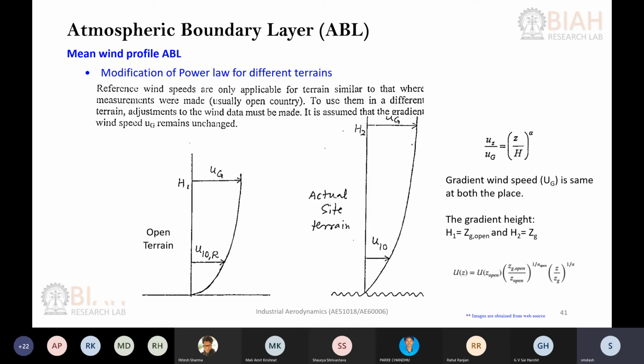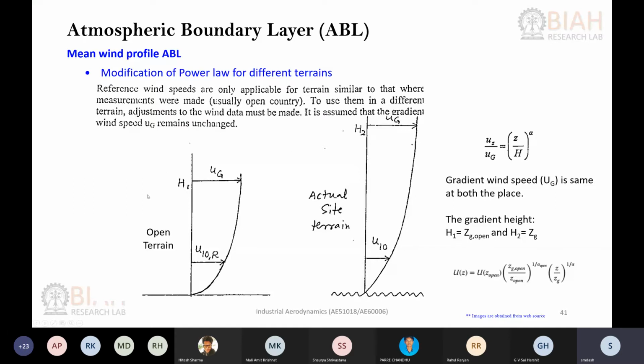Then, okay, how do you find out the information for two different terrains using this power law profile, like the one you have solved using the logarithmic profile, the example we have seen. In a similar way you can find out how the velocity profile can be scaled for two different terrains.